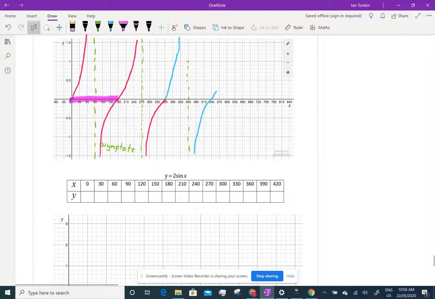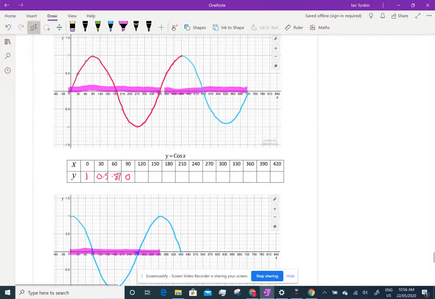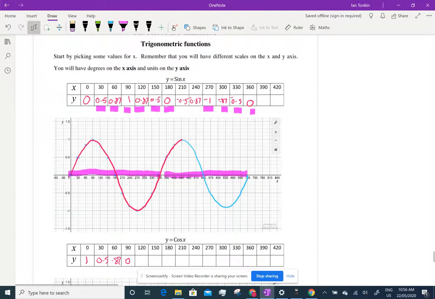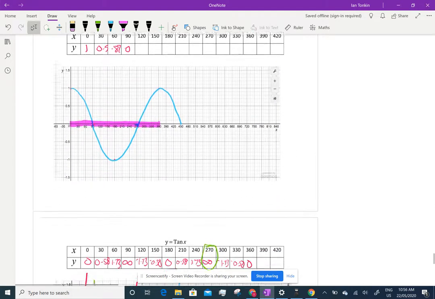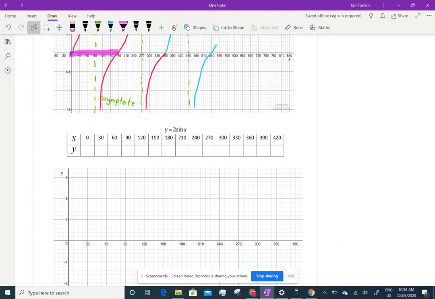Now, by the way, you can plot points for any function. You can use that method to plot points to graph any function. But we're going to play with some things. So I'm going to use Desmos for the next one. So I'm going to draw y equals 2 sine x.